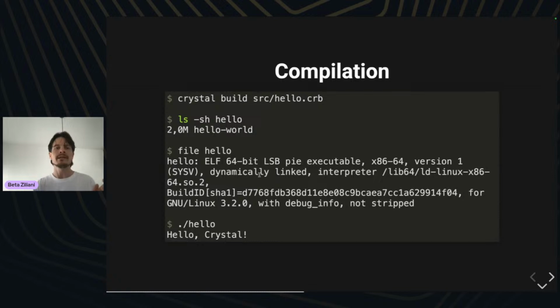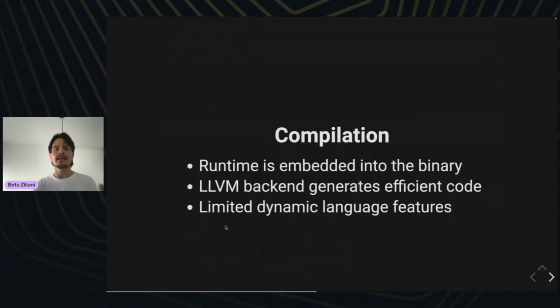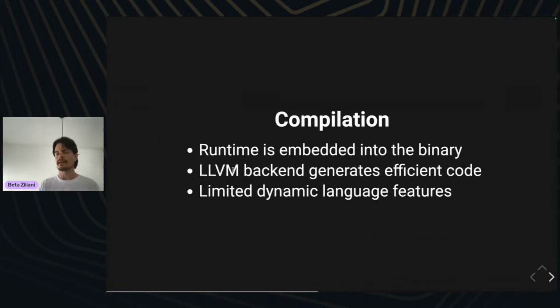But the point here is that you get an executable binary that you can execute. Why? Because all the runtime is embedded into the binary. And as an aside, there is a way of also putting the libraries by doing static linking, but we are not going to cover that.